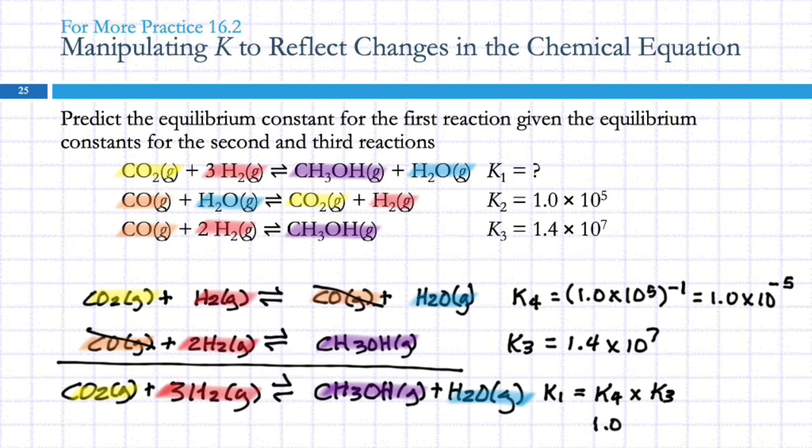So 1.0 times 10 to the minus 5 times 1.4 times 10 to the 7.